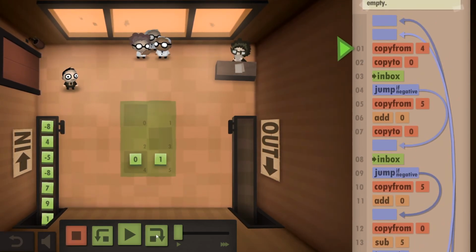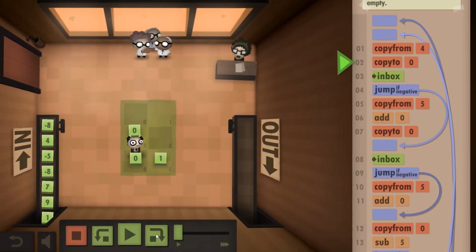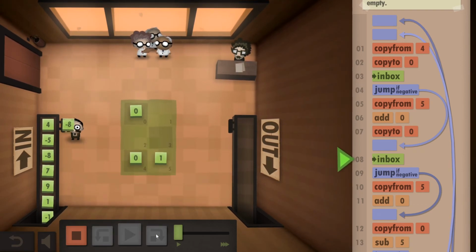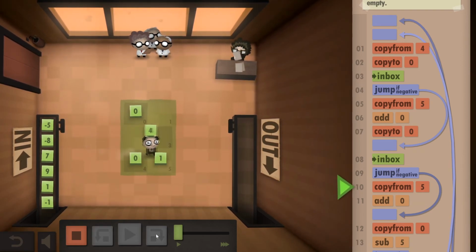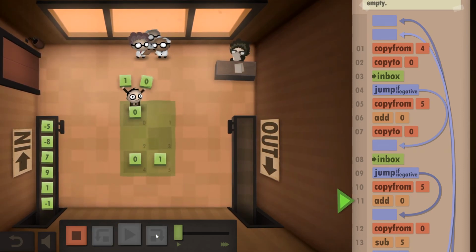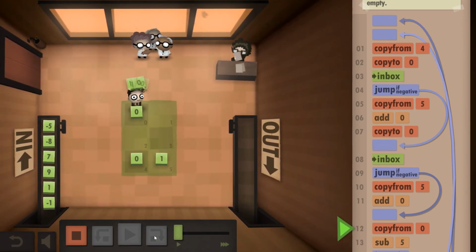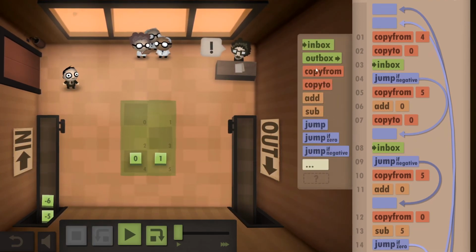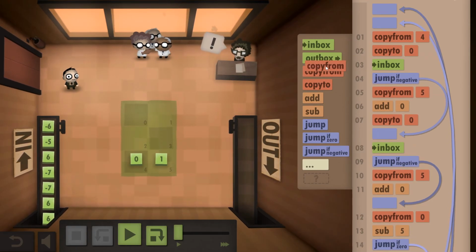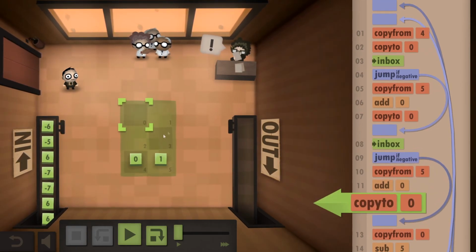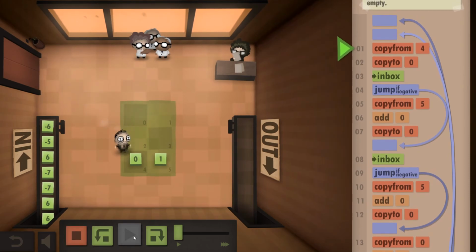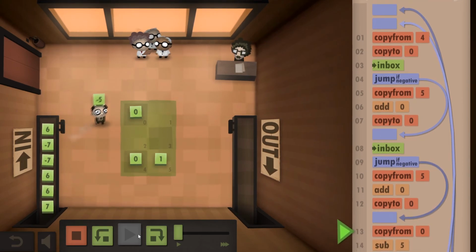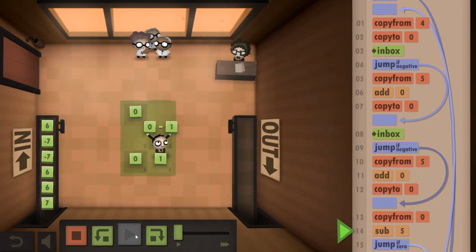So let's start again. Initialize. Pick up another 1. Add it there. Alright. Oh, and we need to store it here as well. Okay.